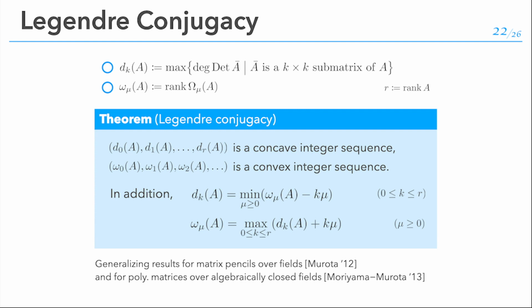Let dk of A be the maximum of the degree of the Dieudonné determinant of a submatrix of A of size k, and let omega mu of A be the rank of capital omega mu of A. Then, indeed, we have shown that the sequence d0 to dr, where r is the rank of A, is a concave integer sequence, and the sequence omega 0, omega 1, omega 2, and so on, is a convex integer sequence.